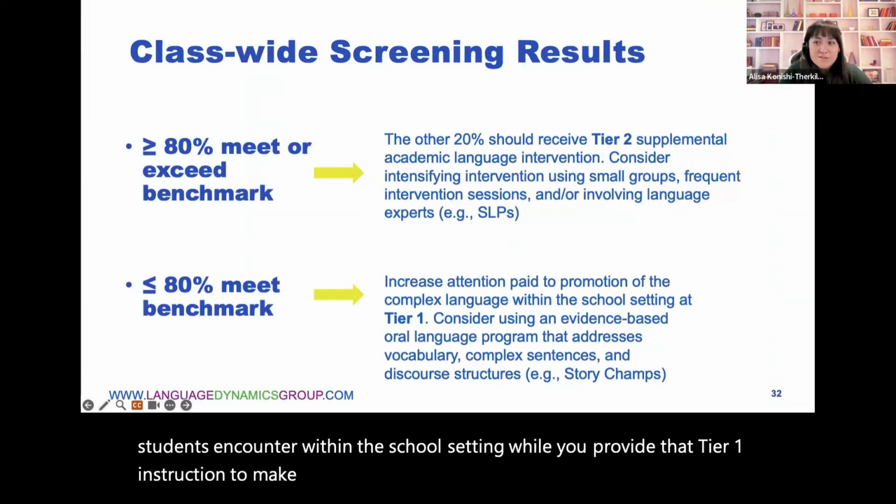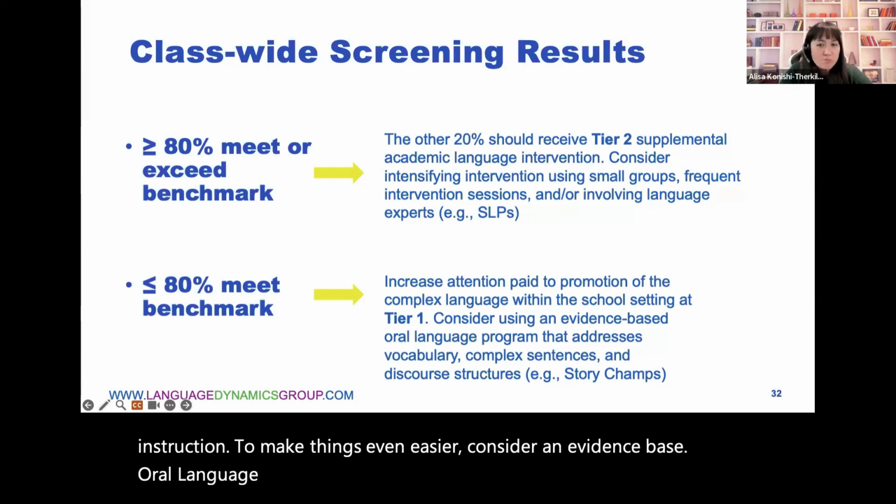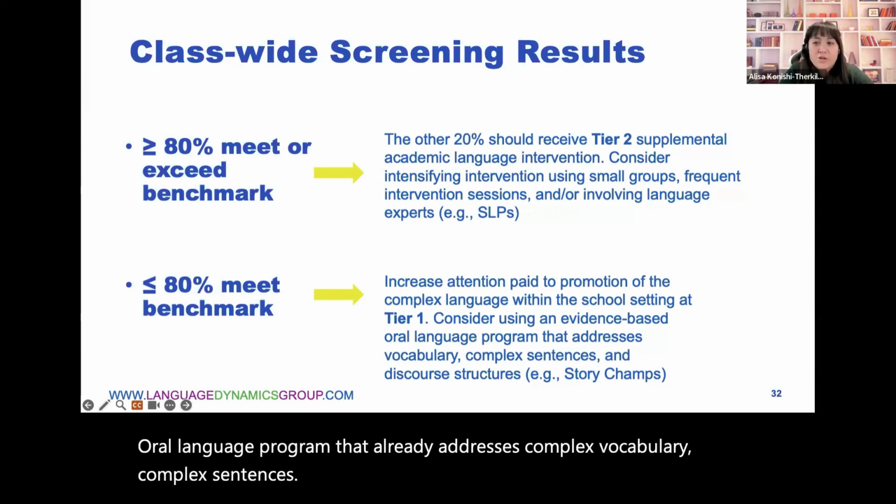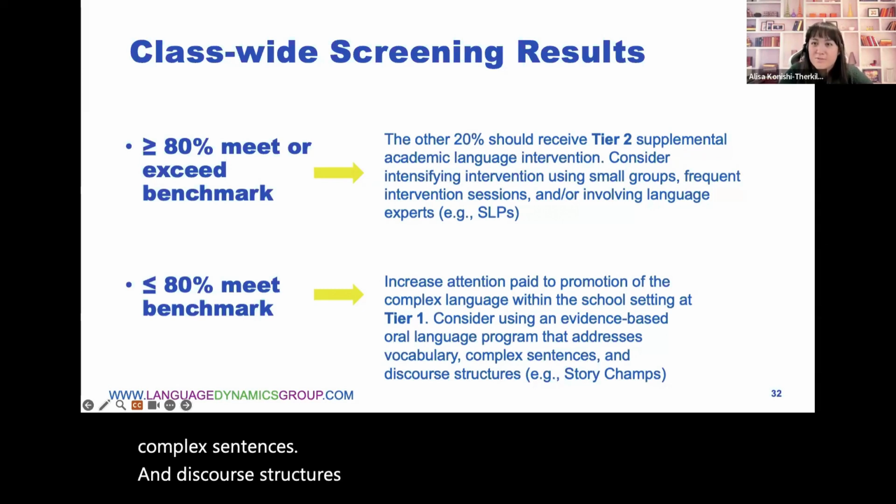To make things even easier, consider an evidence-based oral language program that already addresses complex vocabulary, complex sentences, and discourse structures, like Story Champs. Everything is right there, ready-made, ready for you to go and use in the classroom.